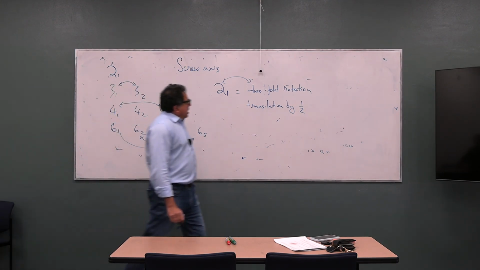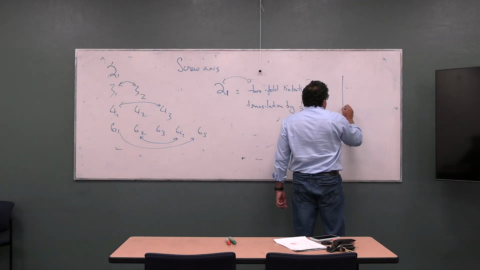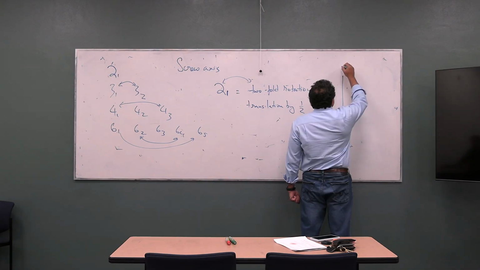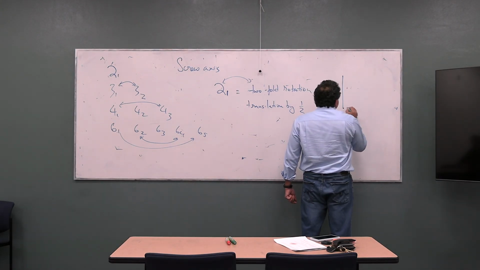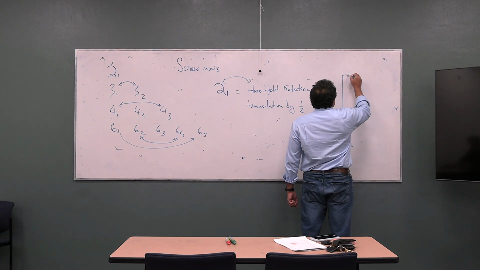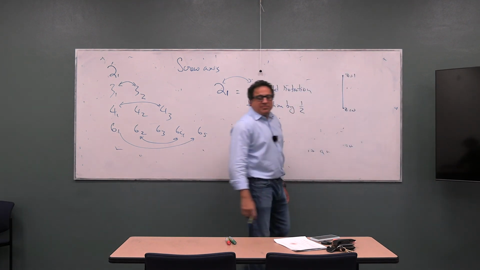So a 2-1 screw looks like this. Imagine that we are translating along the z-axis of the unit cell. This is z equal to 0, and this is z equal to 1, the top of the unit cell and the bottom of the unit cell.